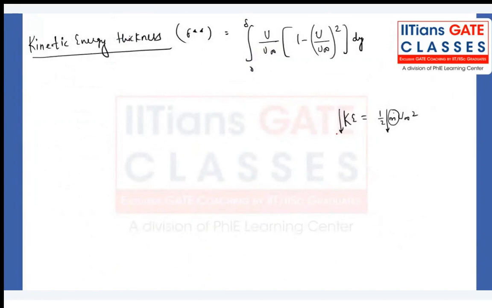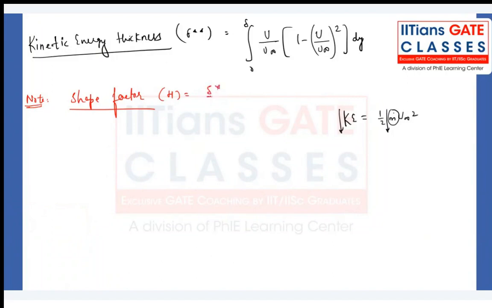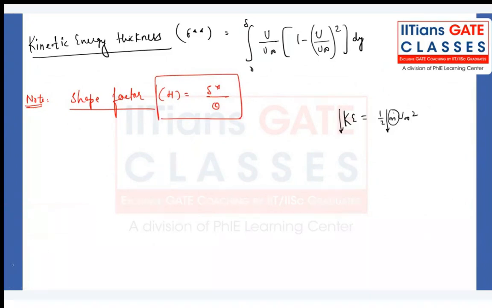Now note down one more term, shape factor. It's the ratio of displacement thickness to the momentum thickness. Why is the name given shape factor, not any other factor? Because displacement thickness and momentum thickness depend on the velocity profile.